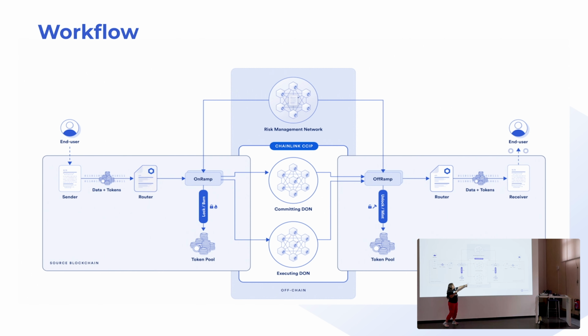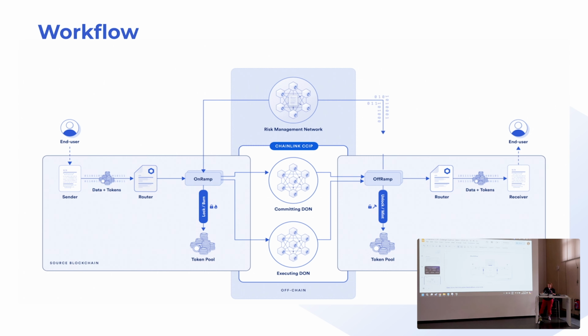But only the executing decentralized network really approves the transaction over there, after the risk management network approves it. So we have 3 different networks taking care of the security. Then in the destination blockchain, you are probably minting a new token, or you can unlock if the token already exists over there, and the router sends it wherever you'd like. In my case, it's going directly to my wallet.